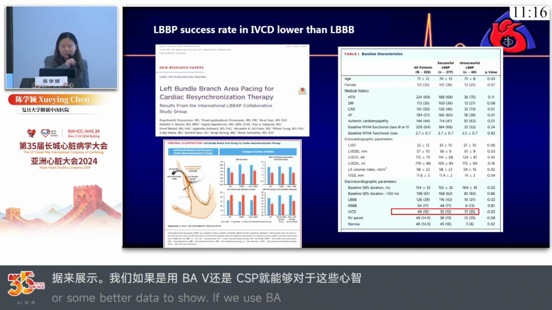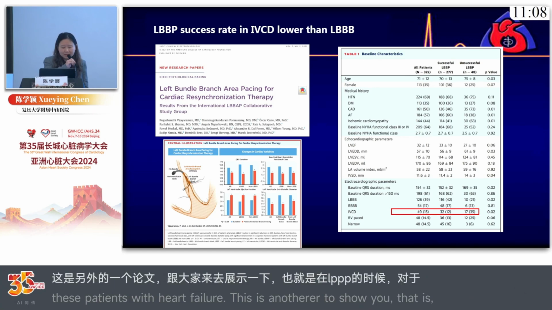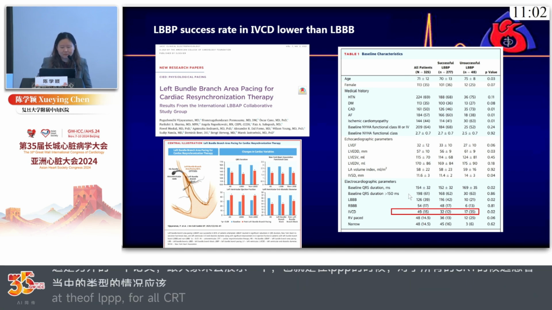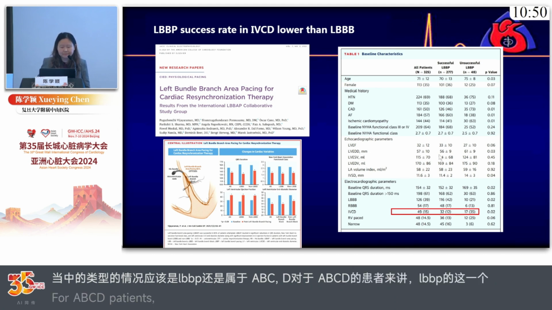Here is another paper showing LBB area pacing for CRT in all kinds of CRT candidates, like LBBB, RBBB, PICM or IVCD. From the baseline table, we can see that for IVCD cases, the LBB pacing success rate is quite lower than in LBBB cases.